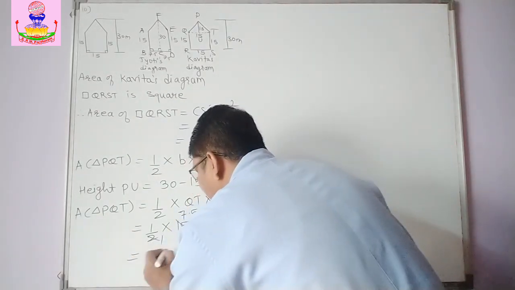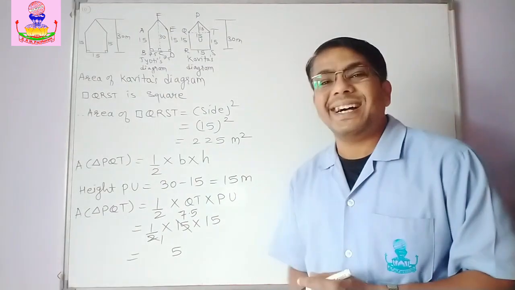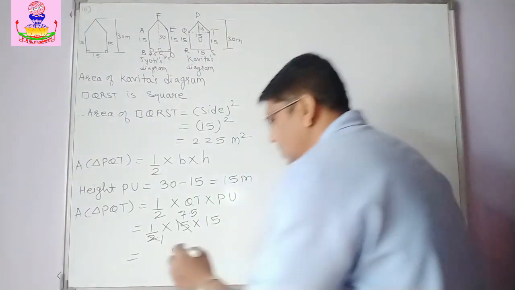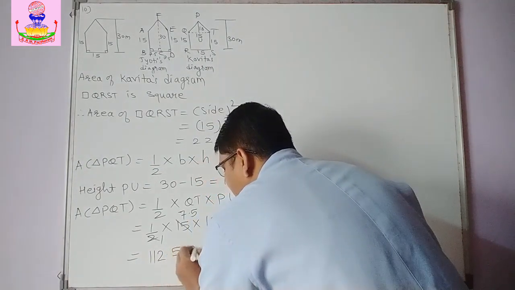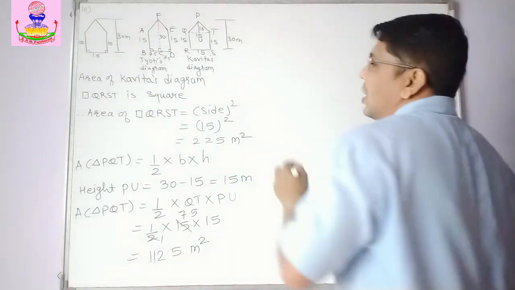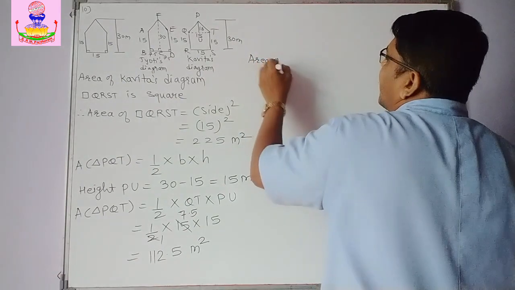So half of 15 is 7.5, and 15 times 7.5: 15 fives are 75, 7 carry on, 15 sevens are 105, 105 plus 7, 112. So 112.5 meter square, decimal point after 1 digit.